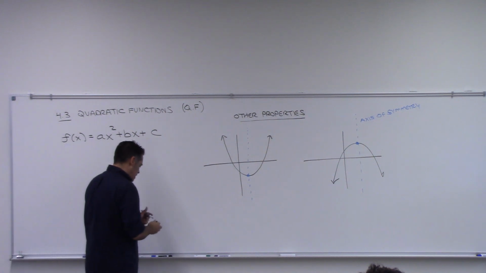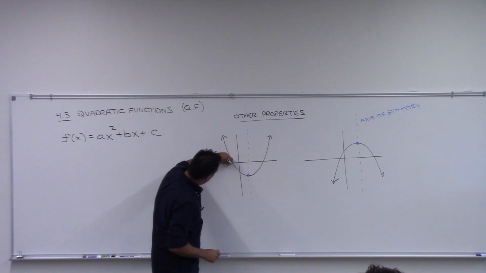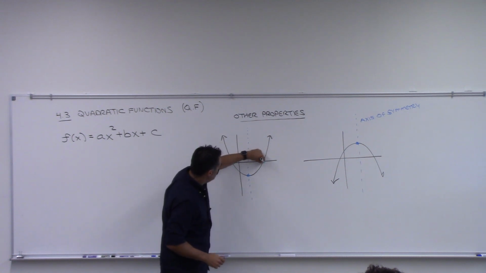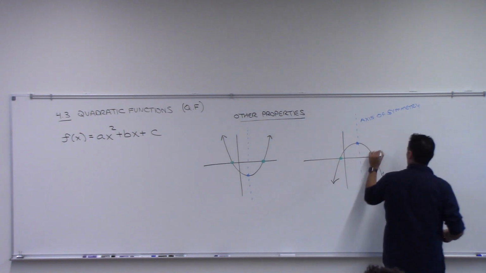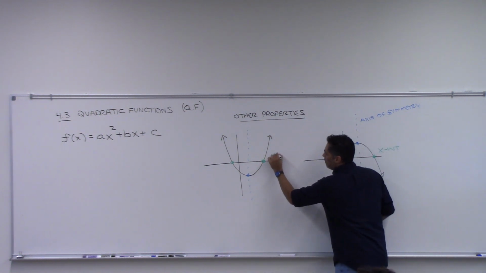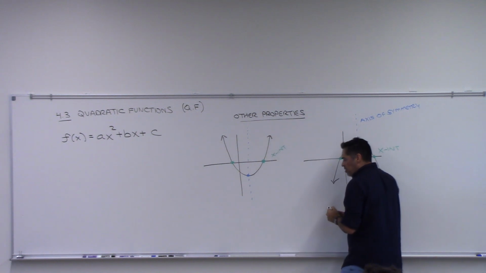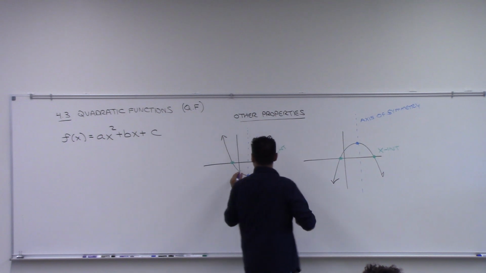The other important characteristics or properties are if the graph ever hits the x-axis. Those, of course, are called x-intercepts. And we may also have a y-intercept, or well, we will always have a y-intercept.